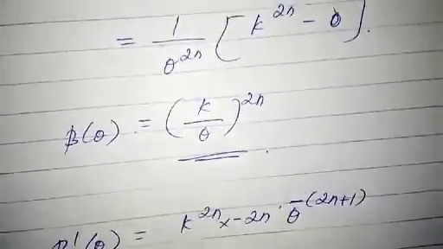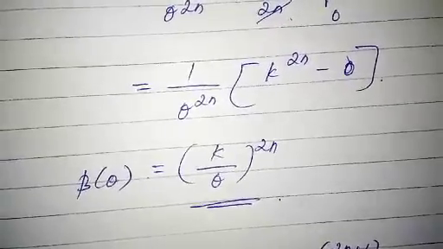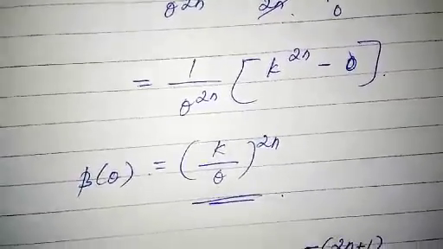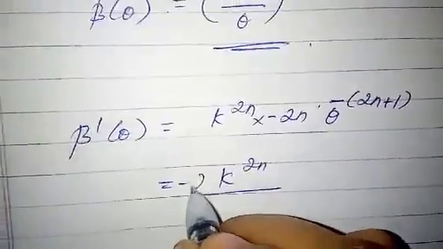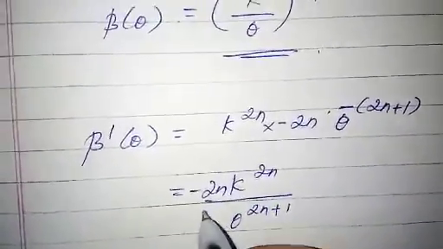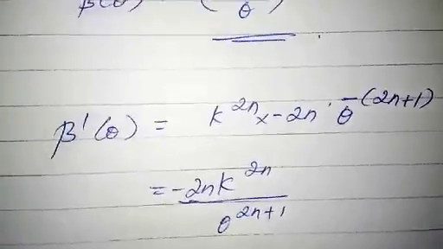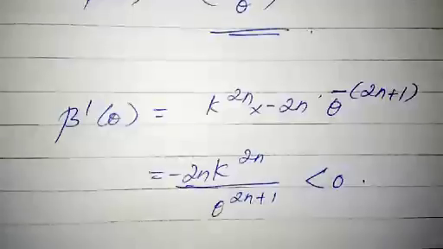So we can write it as k power 2n divided by k power 2n into minus 2n, minus 2n divided by theta power 2n plus 1. Whether it is greater than 0 or less than 0? It's less than 0, right?